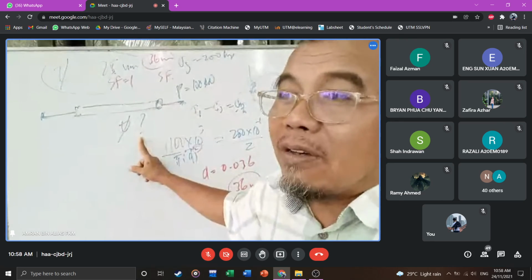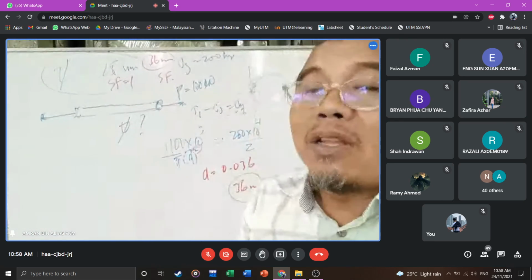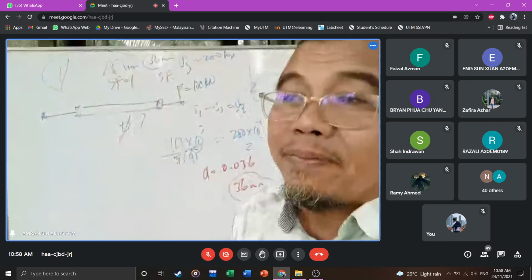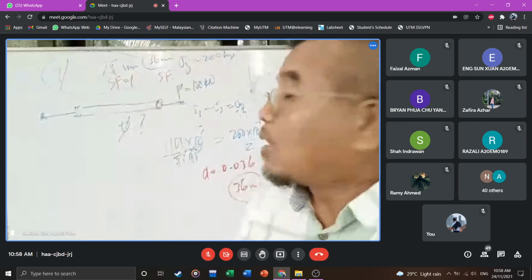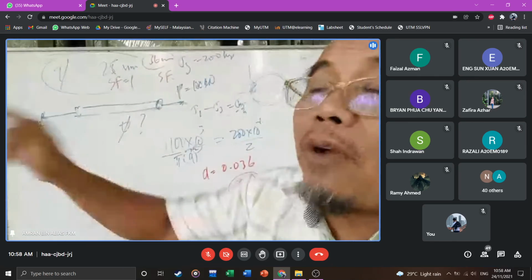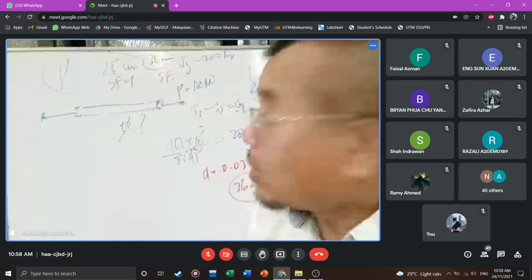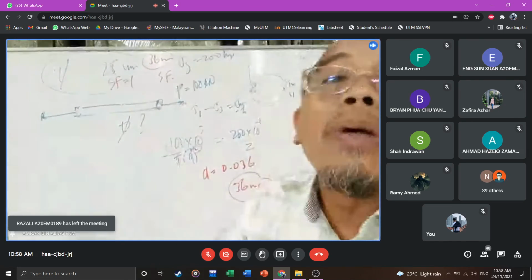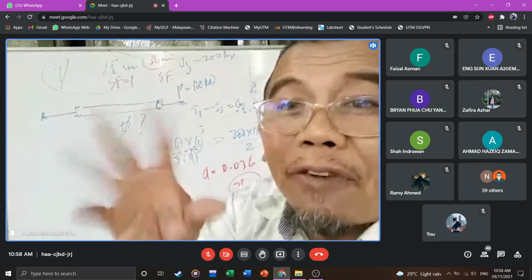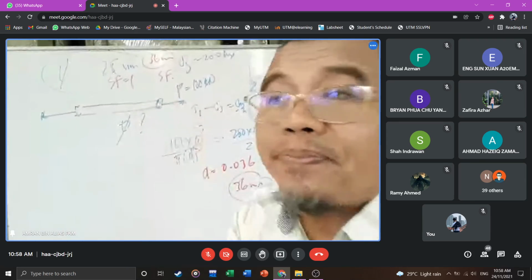Is it safe or not? Backward case is what? You decide the safety factor, you know the loading, you find the size. Or the other one, you know the safety factor, you know the size, you want to find the maximum load that I can put. So all the same question, just forward case and backward case. Three fundamental methods to do things. Are you with me, guys?